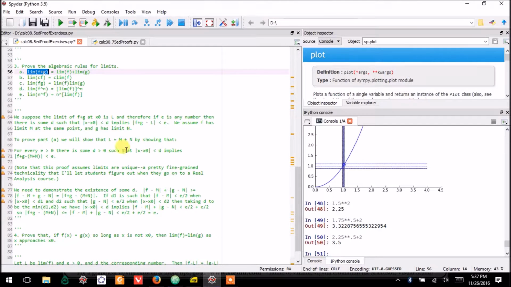To begin with, if we're going to scrutinize the goal, which is to show that f plus g minus m plus n in absolute value is less than epsilon, it makes sense to take the two things that we know, f minus m and g minus n in absolute value.